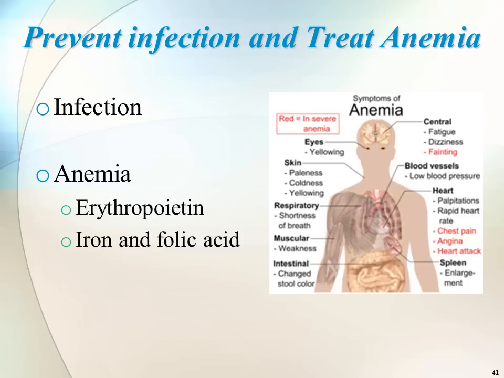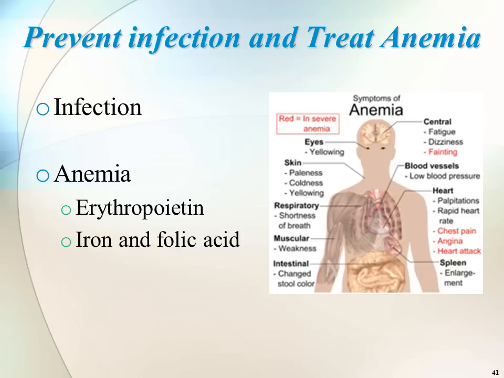It suppresses T cells, and it suppresses phagocytic activity, monocyte activity. So the person is at risk for infection. So they're immunocompromised. So anybody who has renal dysfunction has an increased chance of nosocomial infections. So strict hand washing and asepsis are critical for their care.